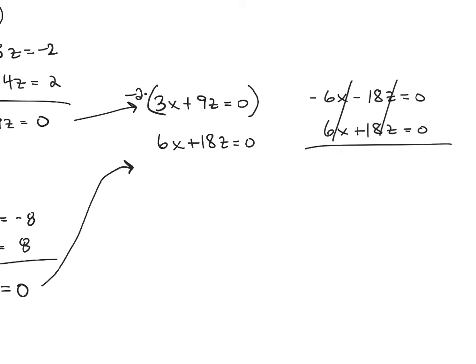So x and z eliminate, leaving 0 on the left and also 0 on the right. This is the same exact statement that we saw in lesson 5.1, indicating a dependent system, or infinitely many solutions.